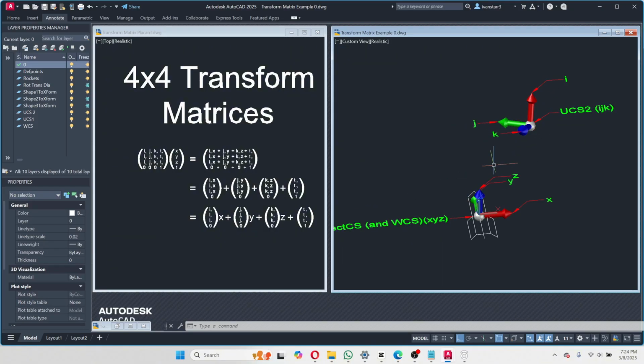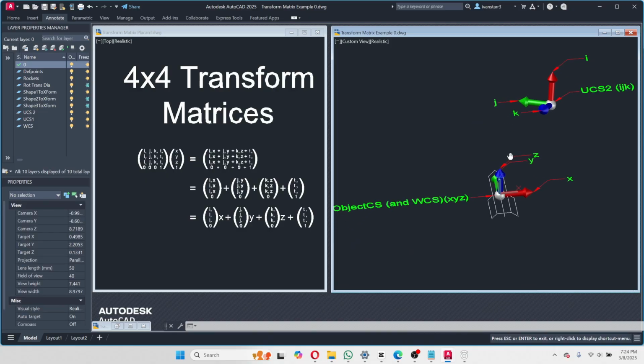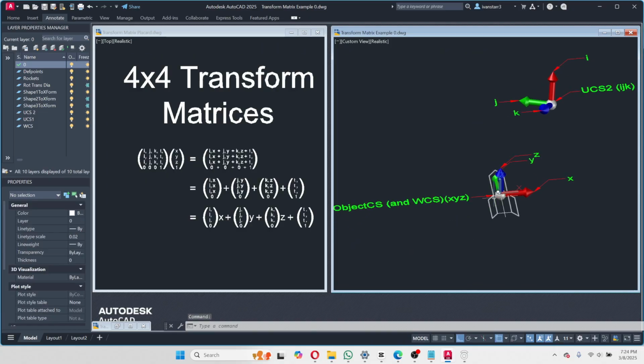So fortunately for you all, I've written a program which does this using 4x4 transformation matrices. I've got a program which figures out the transformation matrix of a user coordinate system icon, and it finds out what the points are of a given polyline, and then is going to project this polyline onto this coordinate system here.